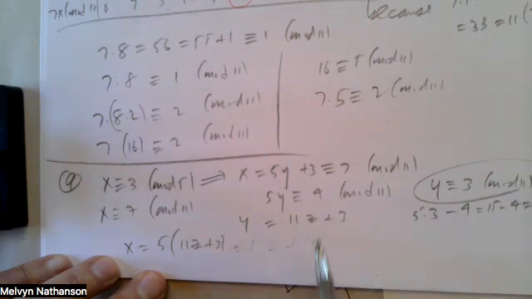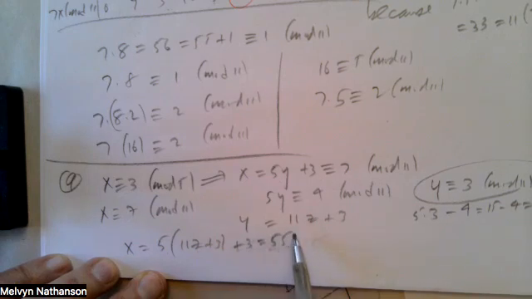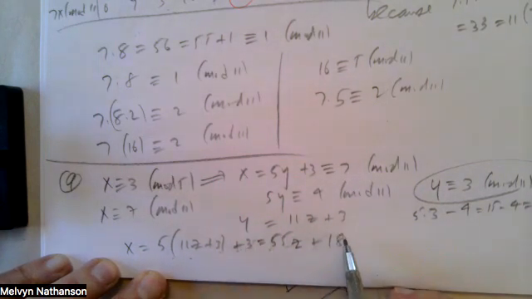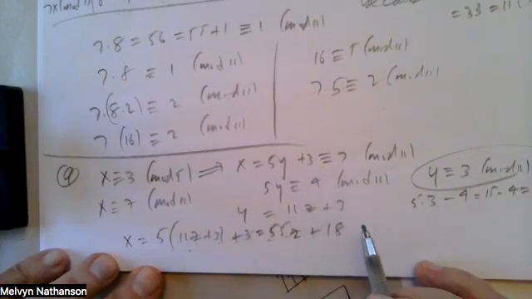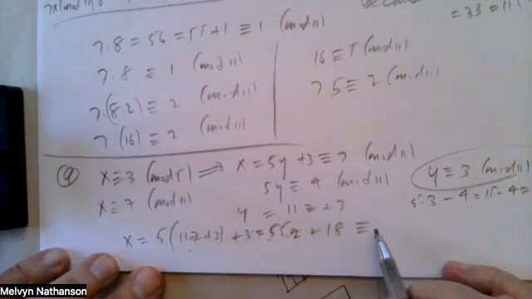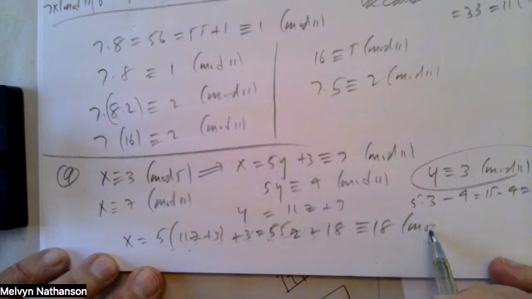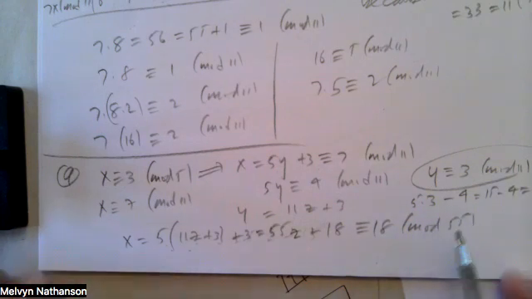So y is 11z plus 3. So that's 5y plus 3. It's 55z plus 15. 5 times 3 is 15, plus 3 is 18. So x can be any number congruent to 18 modulo 55.